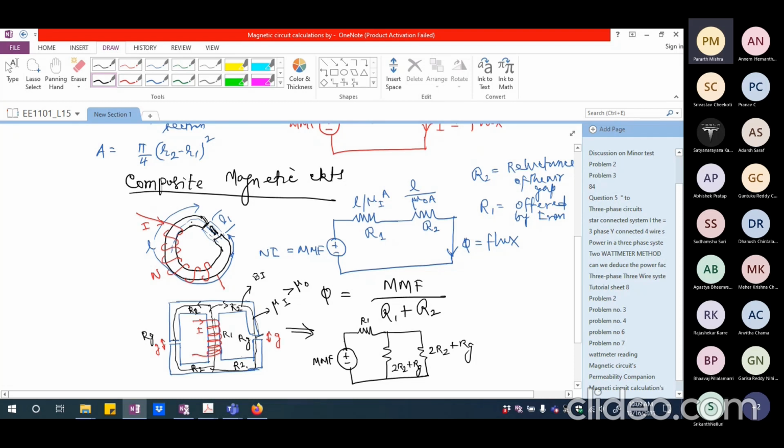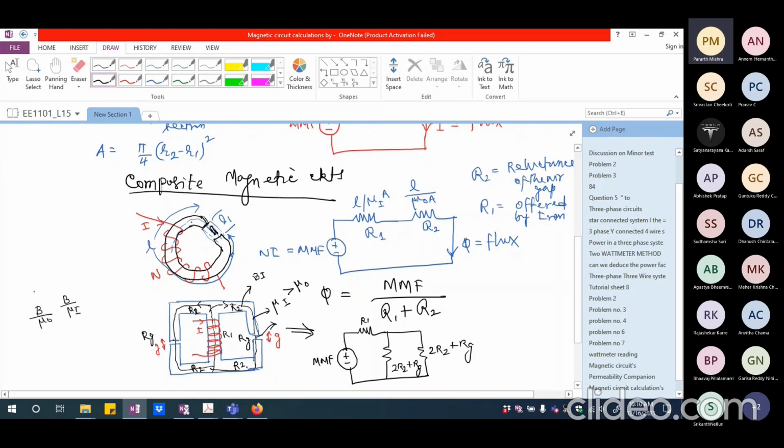Whereas if I look at the flux density at this portion, which is air, that has to be much smaller, because in one case it is B divided by mu naught, and the other case is B divided by mu iron.